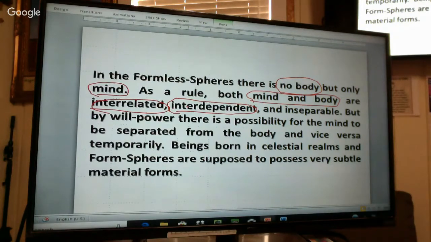They cannot separate. But with very, very high willpower, like in jhana, it's possible for the mind to arise without a supporting body. That's why Arupaloka happens like this: no supporting body, just mind and mental factors working.